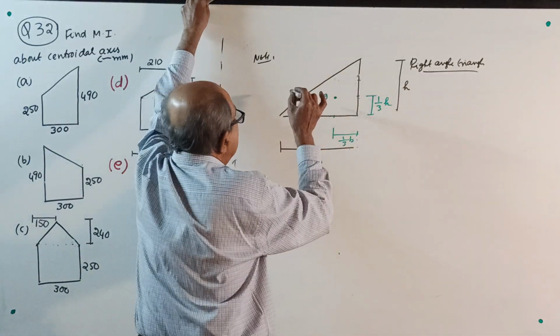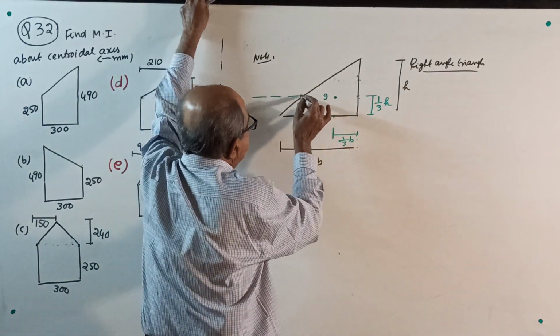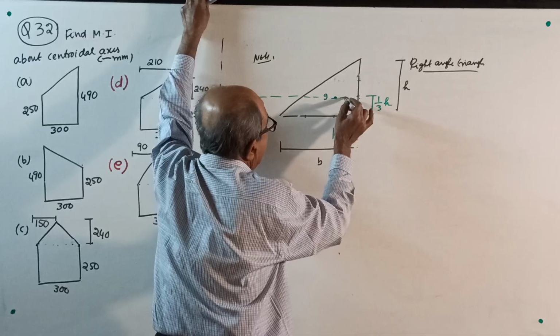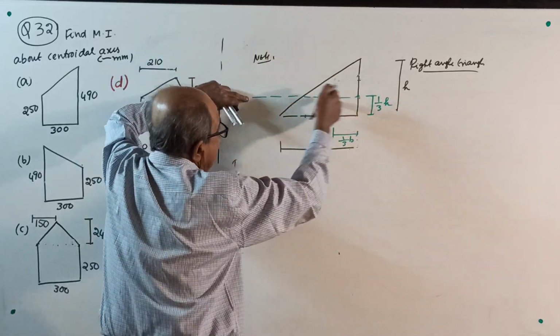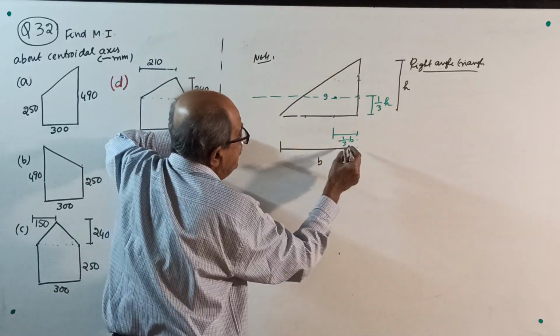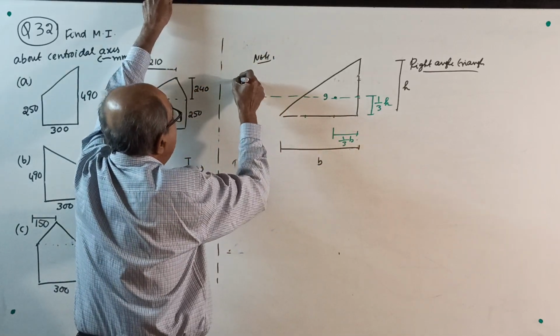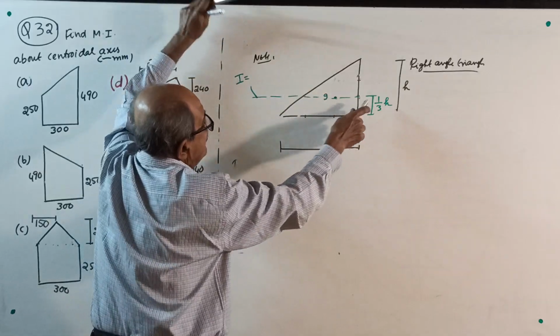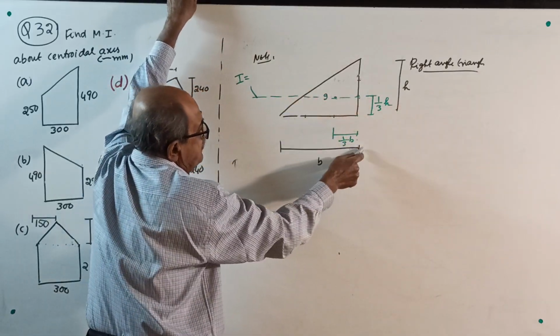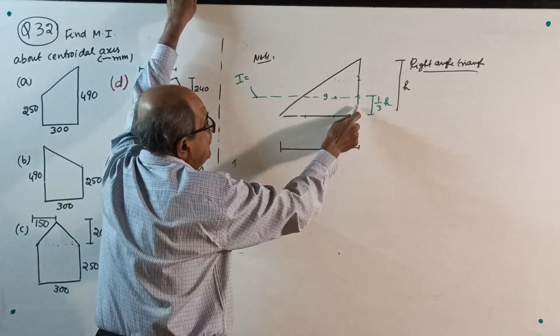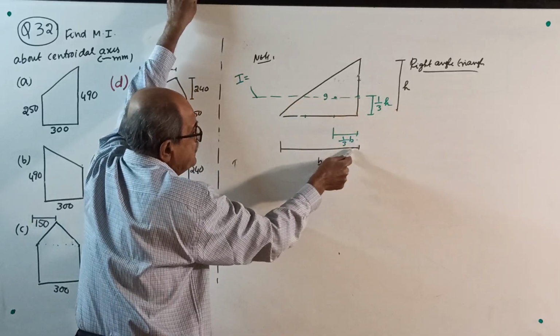Then this is the centroidal axis, passing through the centroid parallel to b. Then the moment of inertia about this axis, see, the parallel side is base b. The side which is parallel to the axis is base b.